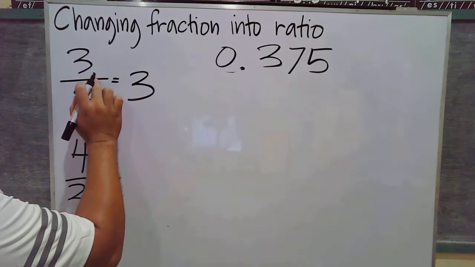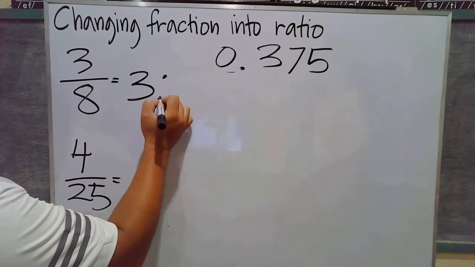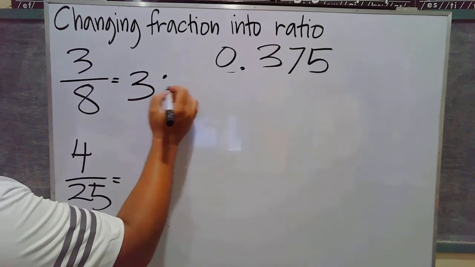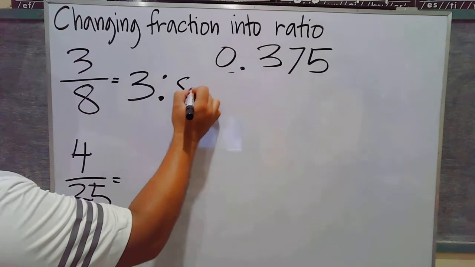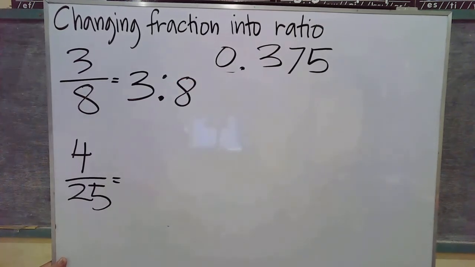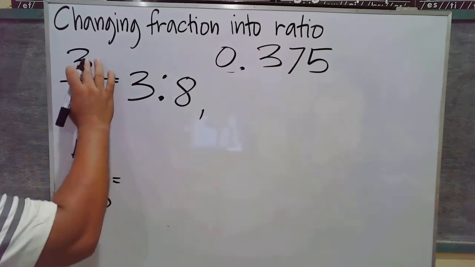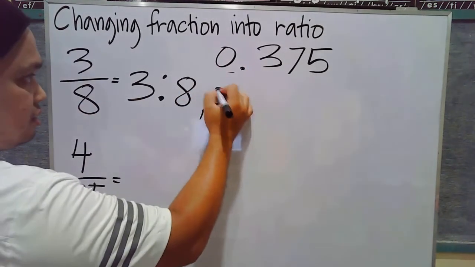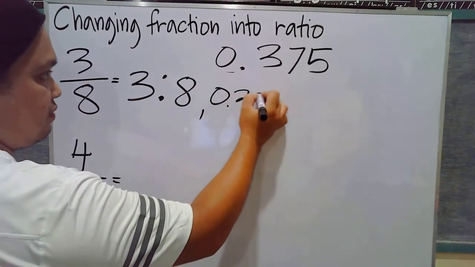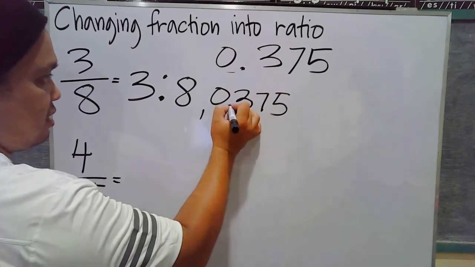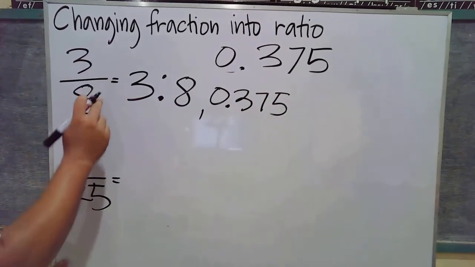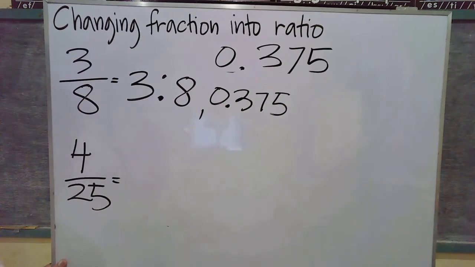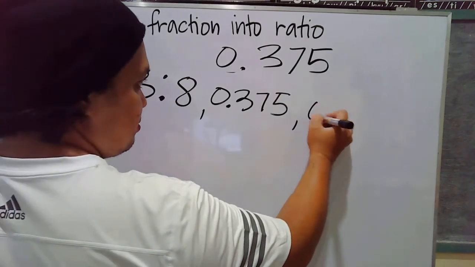Change the fraction bar into a ratio symbol, which is two dots, and copy the denominator. So it becomes 3 is to 8. Now, for the decimal number, that's 0.375. Just simply divide the numerator by its denominator. Okay? Now, let's change this into a percent.